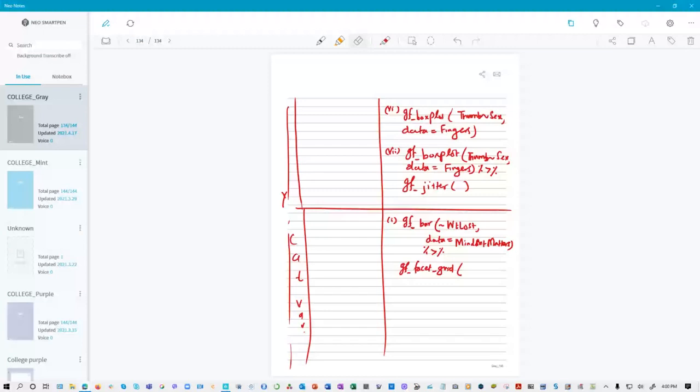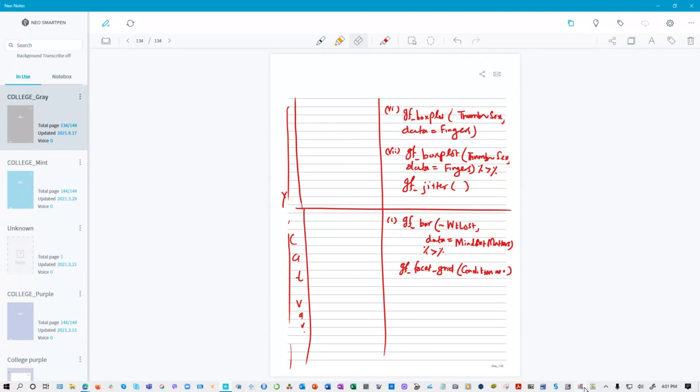Since it's vertical, we're going to do it by condition. Condition, then tilde, then a dot. Okay, I'm going to write here correctly. Condition, then tilde, and the dot.